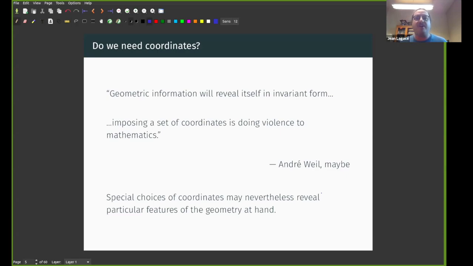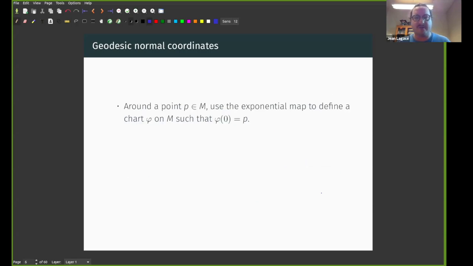You have to not have too many choices about how you make them if you want them to reveal the features of your choice. Let me give you an example of such a set of coordinates that anyone who does a differential geometry class learns about quite quickly.